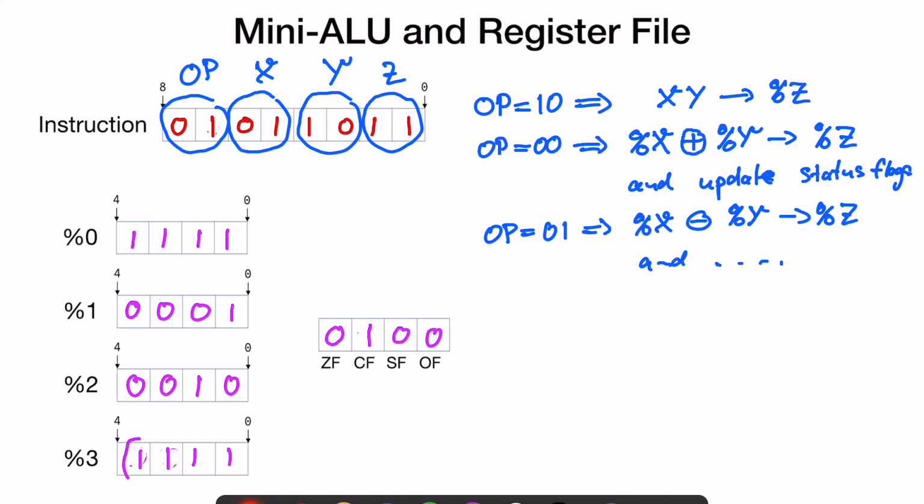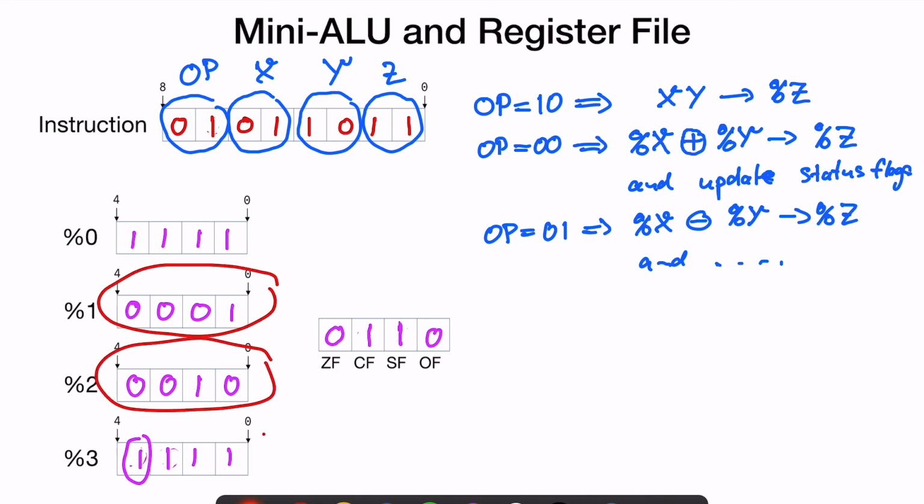In the result, the most significant bit is set to 1. So in signed interpretation it's a negative number, so the sign flag will be set to 1. And if we consider this as a signed integer computation, then we are computing 1 minus 2 and the result is -1, which is correct. So the overflow flag would not be set. So we leave it at 0.